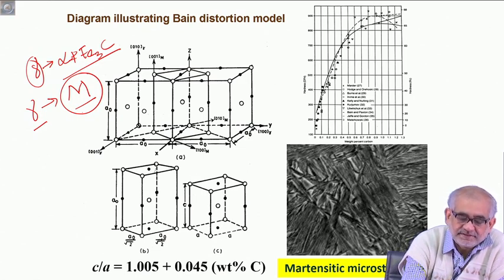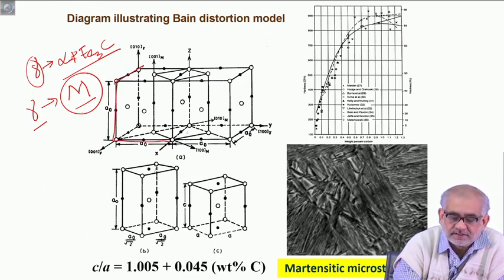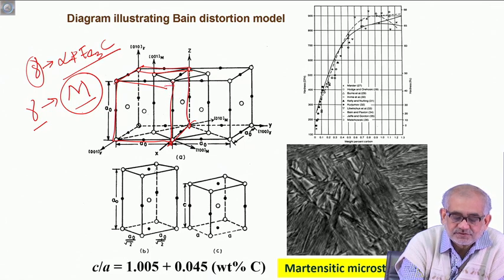So, if you are initially dealing with FCC austenite, this is the contour of such an FCC unit cell, and in this FCC unit cell, what you have will be the 6 atoms at the 6 face centering positions and 8 atoms at the 8 corners. So, you have 4 effective number of atoms per unit cell.